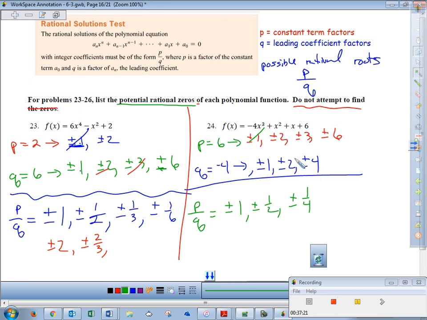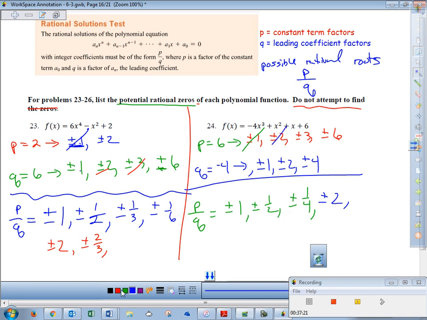Cool? Then I do red 2 over every blue number. So I need plus or minus 2 over 1, which I do not have yet. Plus or minus 2 over 2. 2 over 2 is 1, so I got him. Plus or minus 2 over 4, which is 1/2, I have him. Right?